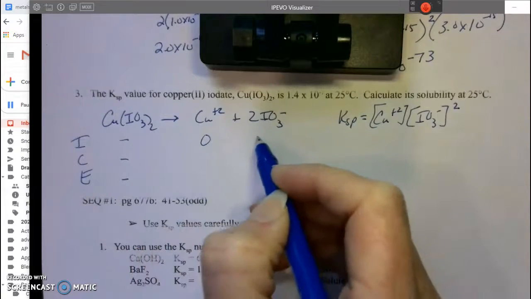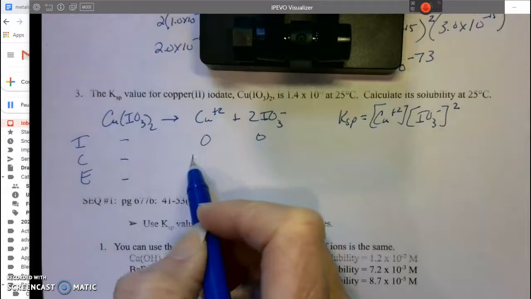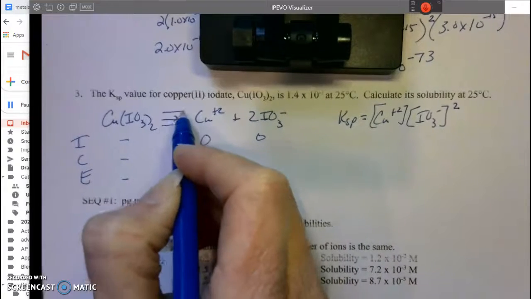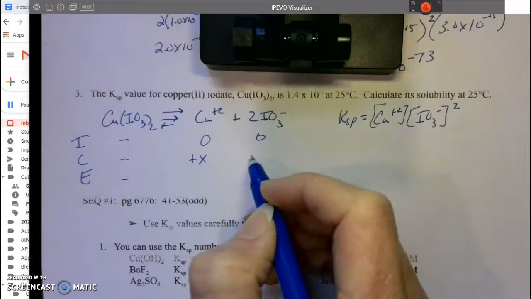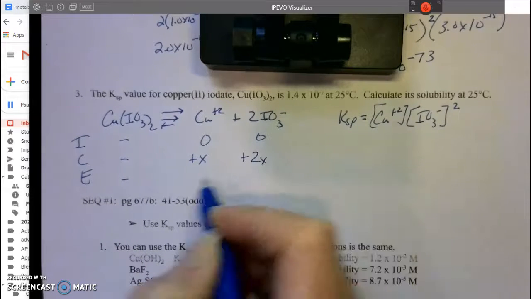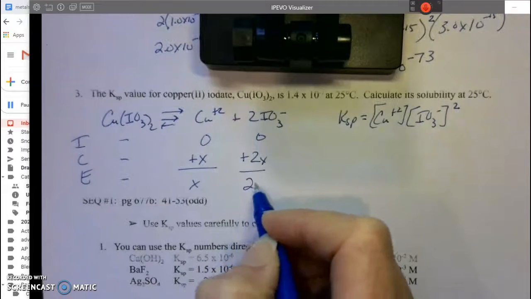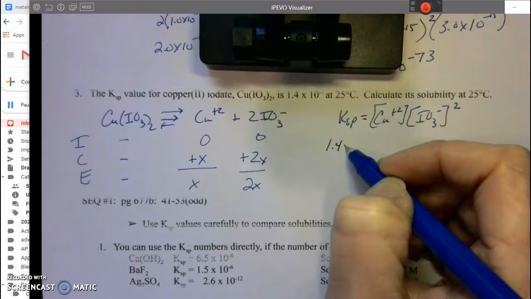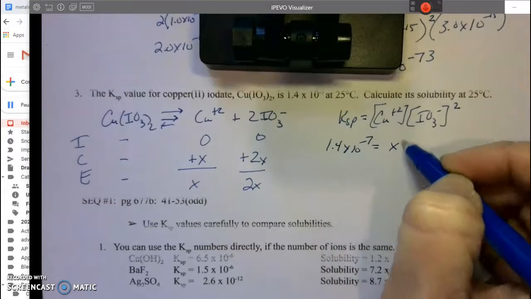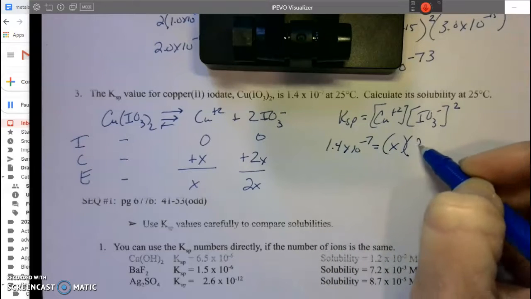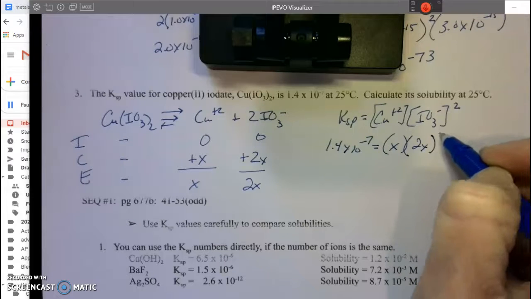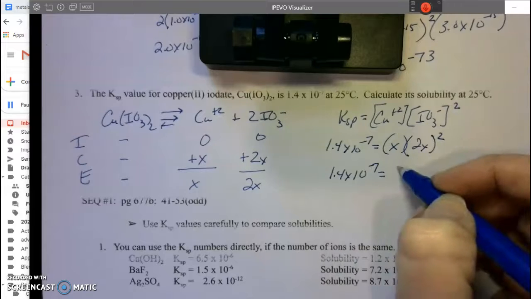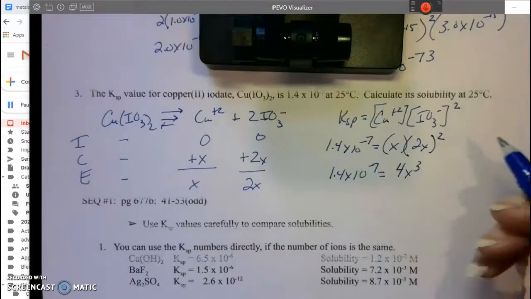So we're going to assume that we're starting with all solids, so there's none of this. Just like any other equilibrium, we're going to add some amount because it's going to shift this direction. And then this is going to be plus 2x. So this will be x, and this will be 2x, and then I'm going to substitute into my equation. So the 1.4 times 10 to the minus 7 equals x times 2x squared. So this is going to give me 1.4 times 10 to the negative 7th equals 4x cubed.